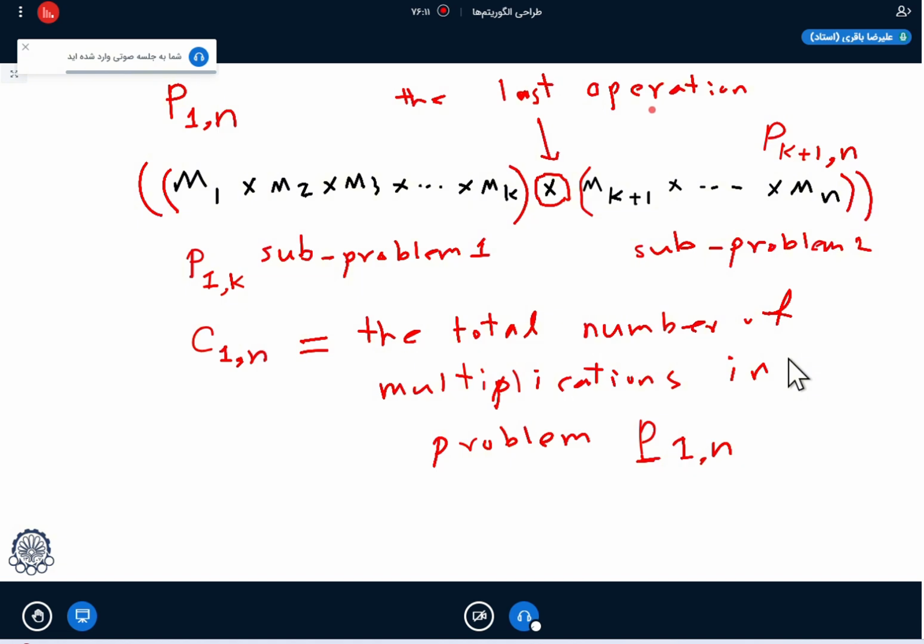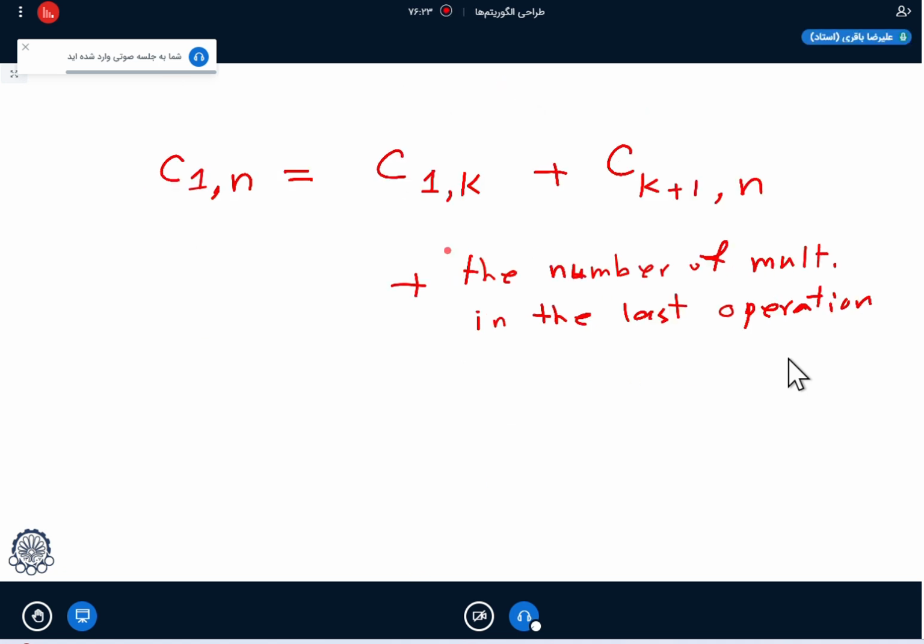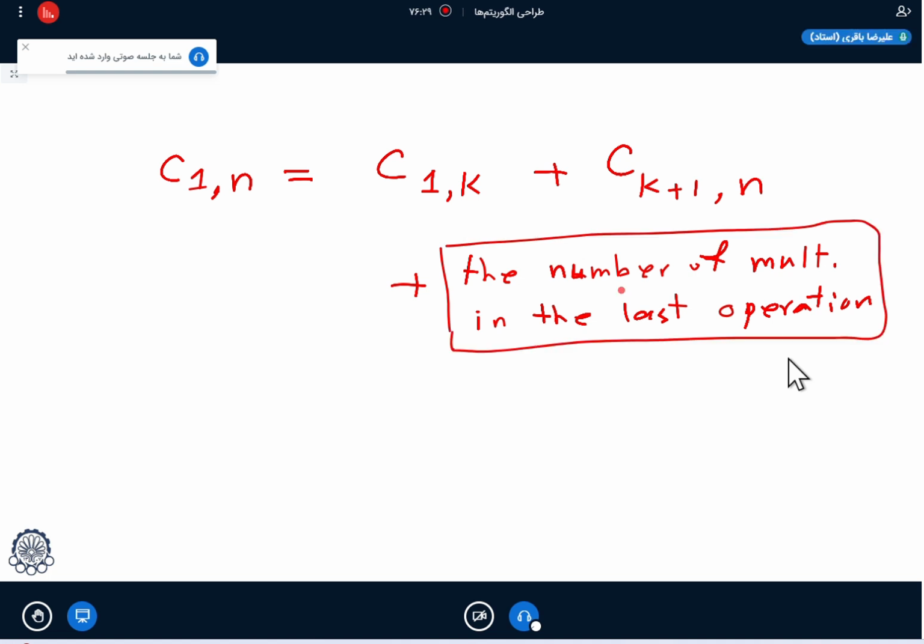In doing the last operation, some multiplications are done. The number of multiplications in the last operation is what we wrote here.